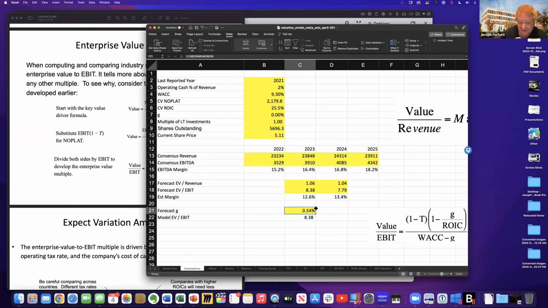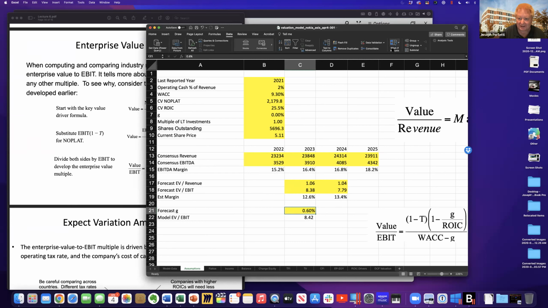Now I could have also just done this iteratively. I could have said, okay, what if this was 0.5%? Oh, that's 8.36. What if this was 0.6%? Oh, it's 8.42. So it has to be somewhere in the middle. So I could have just kept changing the number until I got there. That's one way to do it.